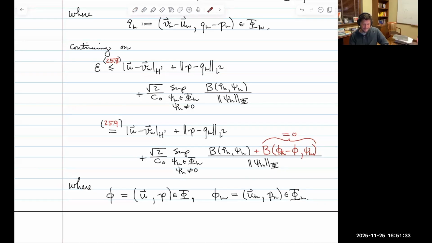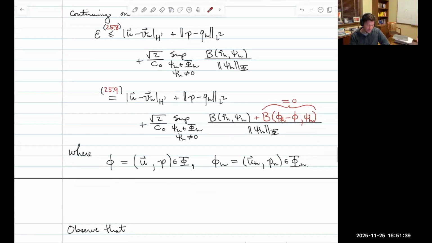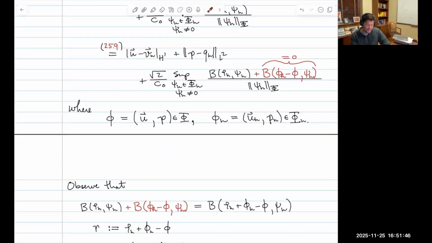So that's the Galerkin orthogonality condition. Otherwise nothing else has changed. Now, let's add these two terms together. What do we get? Well, it's bilinear, so if we add them together, we're going to get this weird looking term here. That weird looking term there.